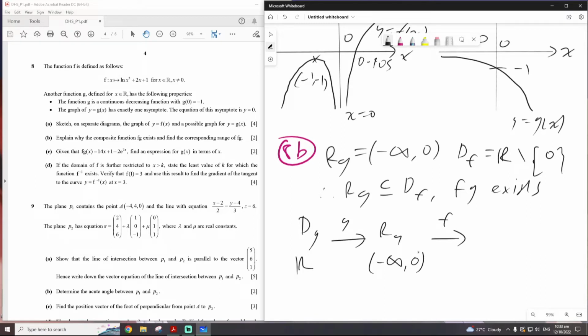Applying f to negative infinity to 0, you'll see that it's always negative. So the range here will be negative infinity to -1, sorry, and this is a closed interval, because it's a turning point, it's not excluded. So that will be the range of fg.